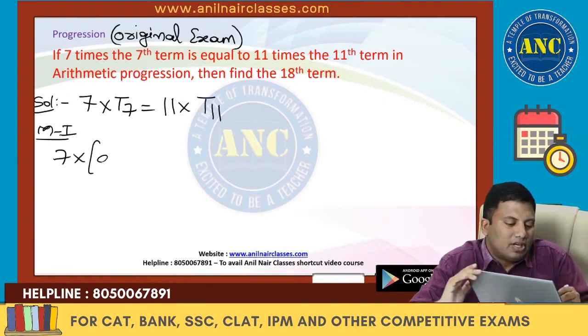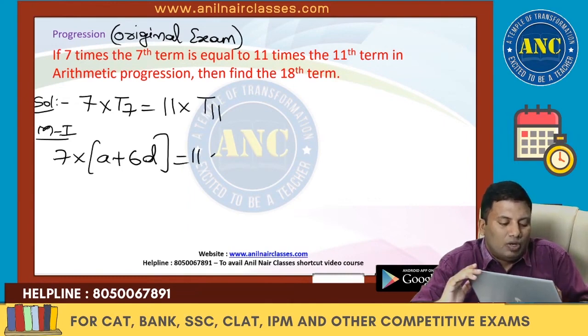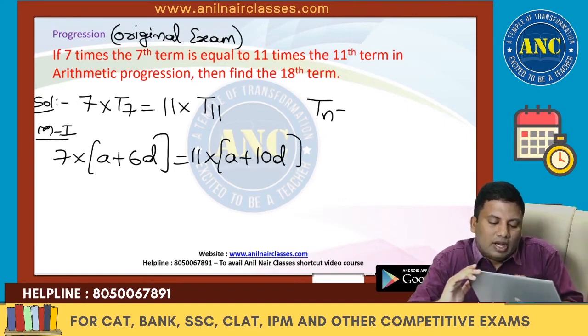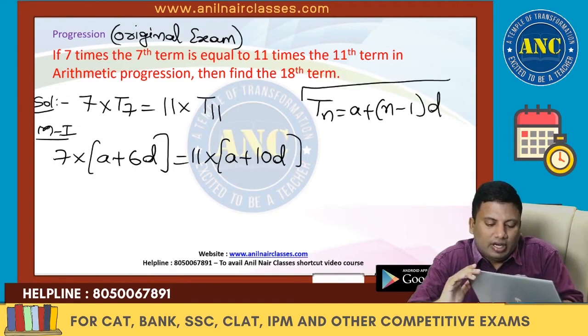7 times 7th term is 7 into a plus 6d. 11 into 11th term is 11 into a plus 10d. Why? Because Tn is nothing but a plus n minus 1 into d.